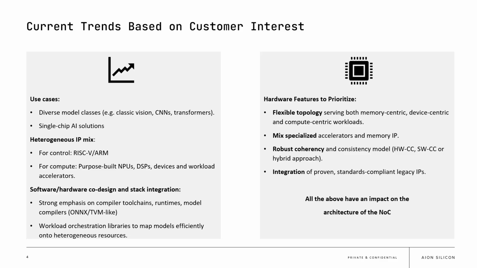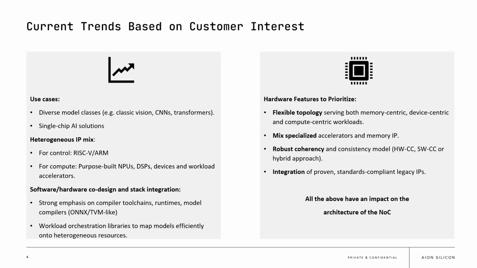So yeah, single chip is in demand by customers. In terms of IP, we're seeing a mix of RISC-V and ARM for control plane tasks, and for compute plane tasks, we see custom NPUs, DSPs, and workload accelerators. There is also a strong emphasis on software hardware co-design, with emphasis on compiler tool chains and runtimes like ONNX and TVM.